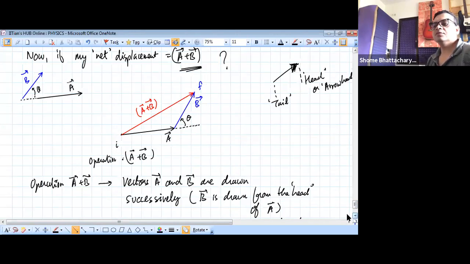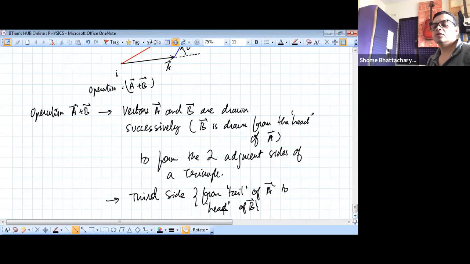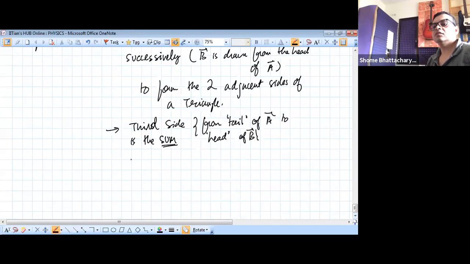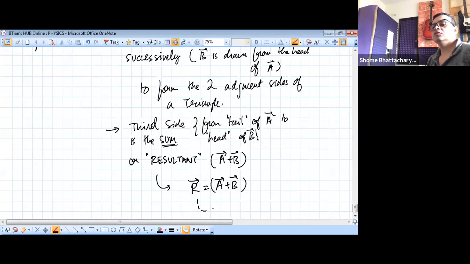Okay. So this third side becomes the sum, or we also use the term resultant, A plus B. Sometimes we also use the term capital R to represent the resultant of A and B. So this is the resultant sum of vectors.